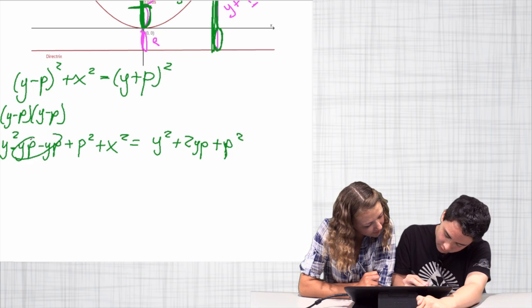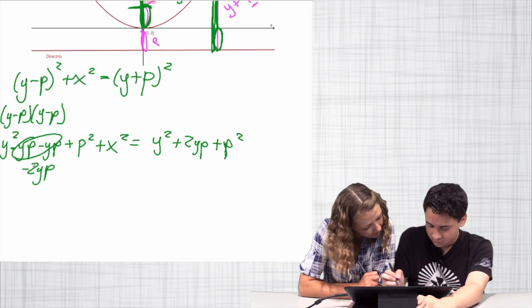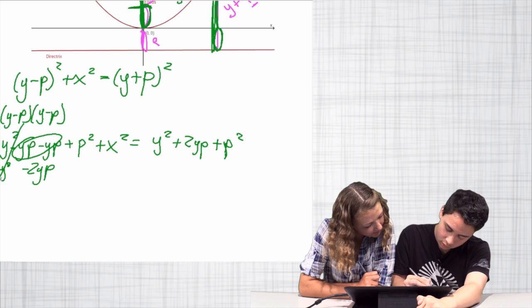And this is minus 2yp. So then we subtract y squared.